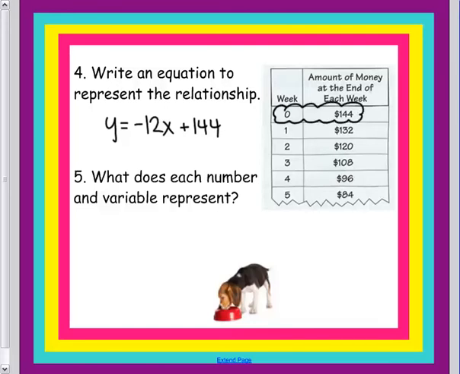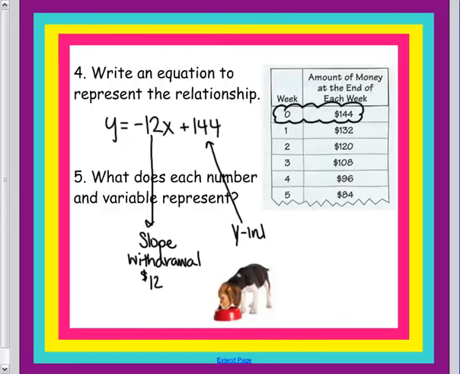So what does the number in the variable represent? Okay, so if we look at this, this represents our slope, or a withdrawal of $12. The 144 would be our y-intercept, which represents the $144 he started with.